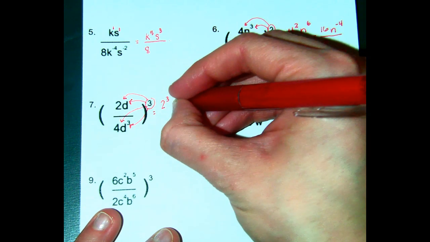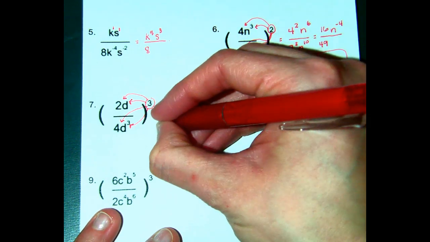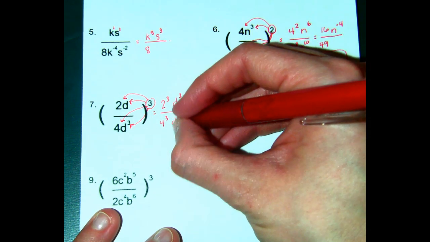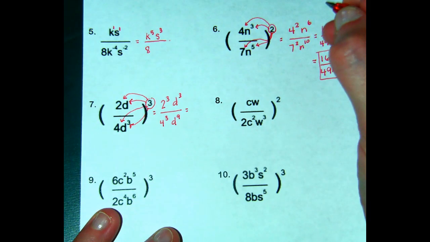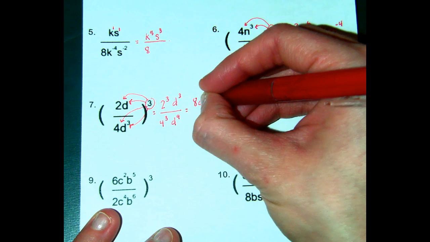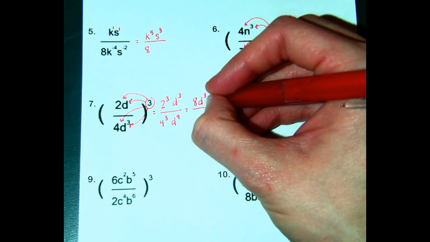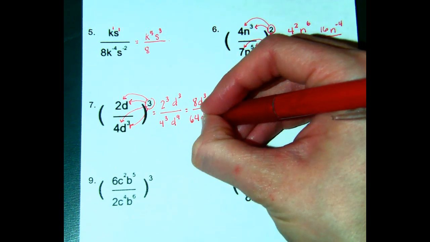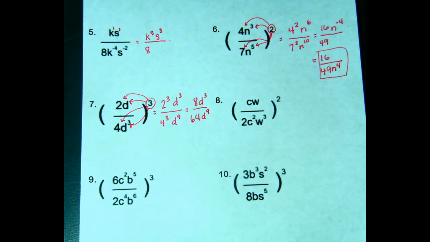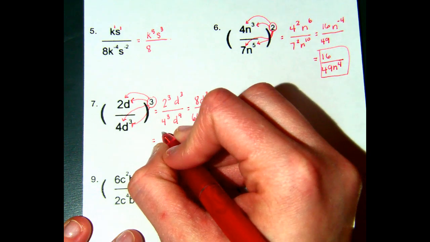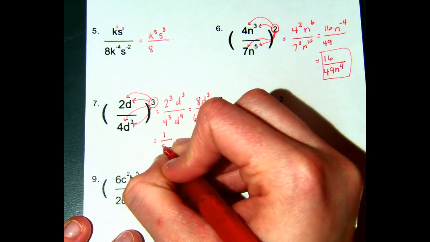2 to the 3rd, d to the 3rd, 4 to the 3rd, d to the 9th. 2 to the 3rd power is 8, d to the 3rd, over 4 to the 3rd power is 64, d to the 9th. 8 over 64 will actually reduce to 1 over 8.